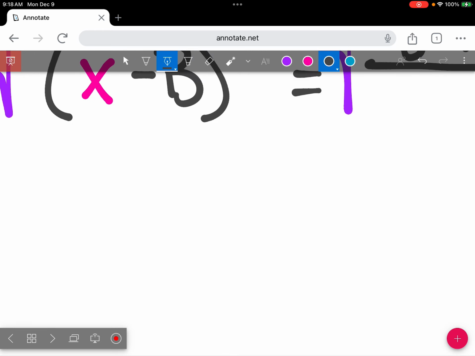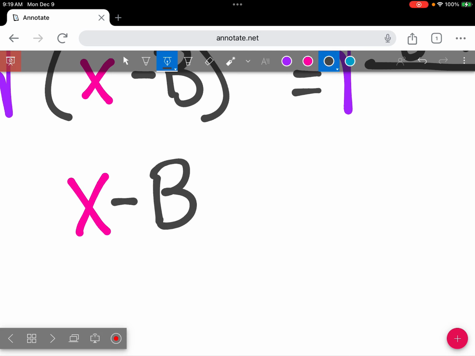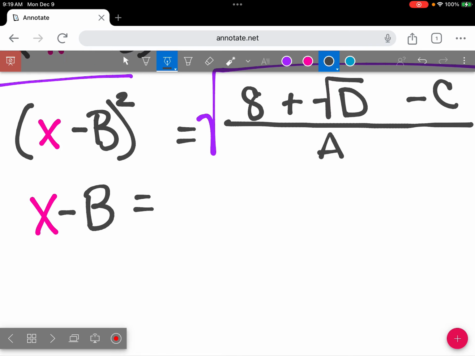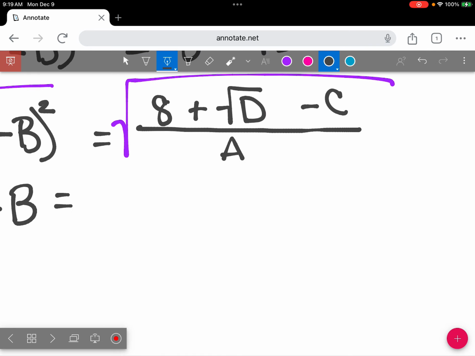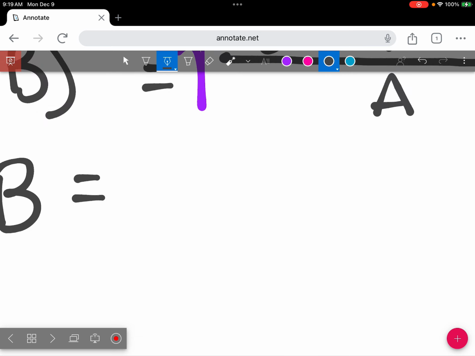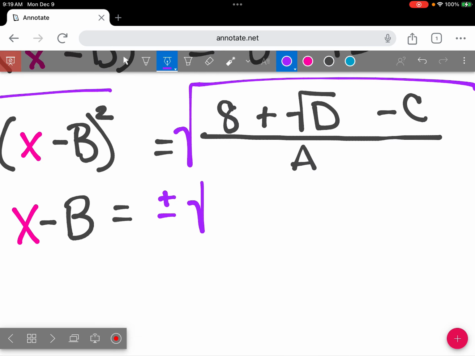So my left-hand side, we're getting real close now. Now I'm just left with my x minus b, which equals, when I square root both sides, what do we need to put? Plus or minus. And then the rest of that hot mess express stays right there.